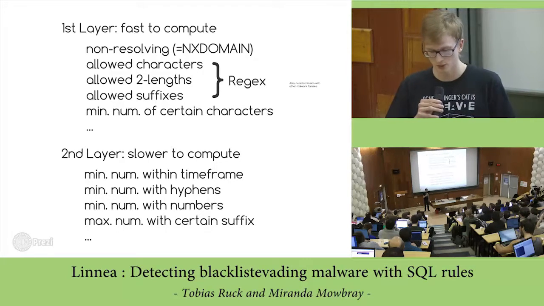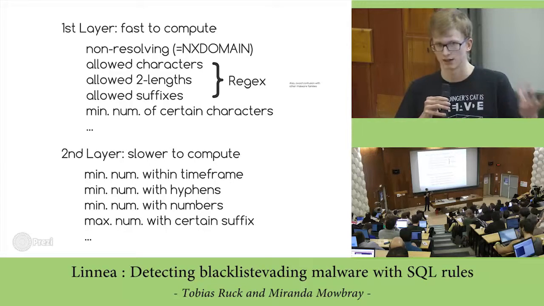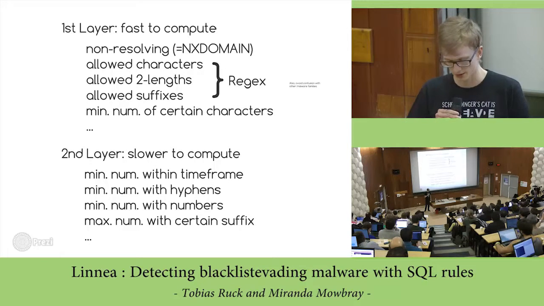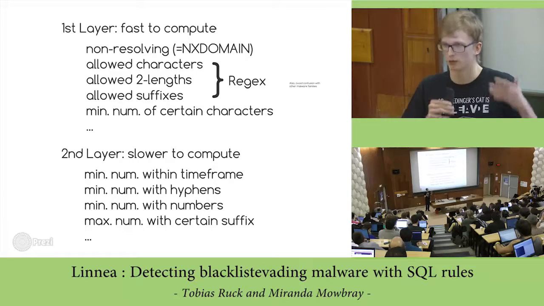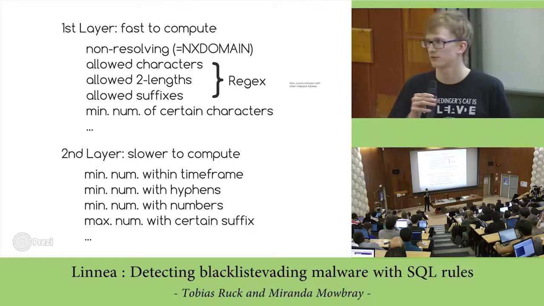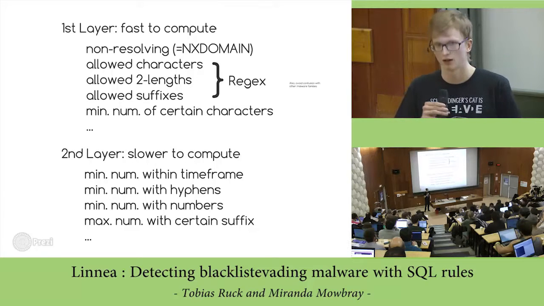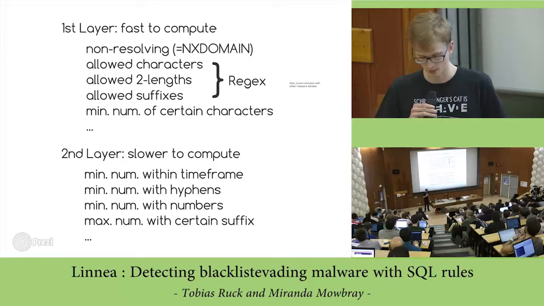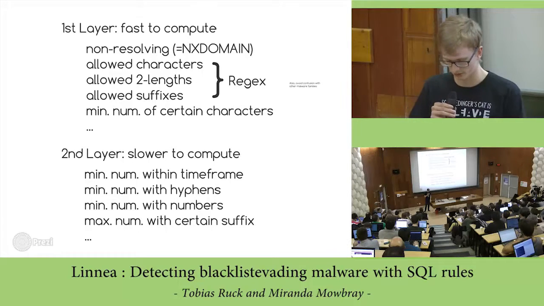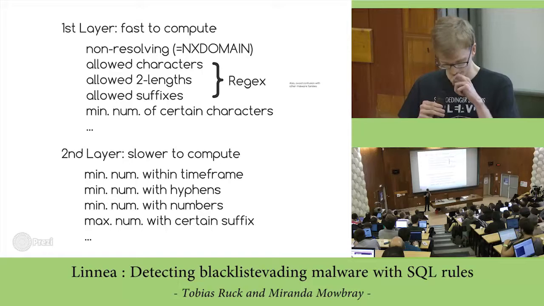In the second layer, which is a bit slower to compute since it aggregates over multiple domains, we check if there is a minimum number of domains within a time frame, or if there's a minimum number with hyphens or numbers, or a maximum number with a certain suffix.